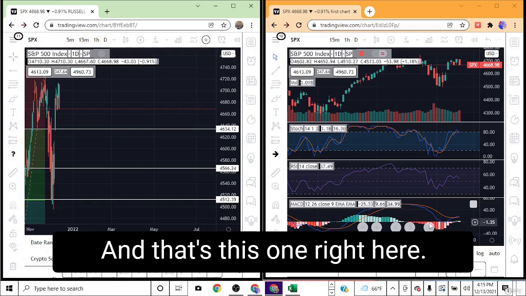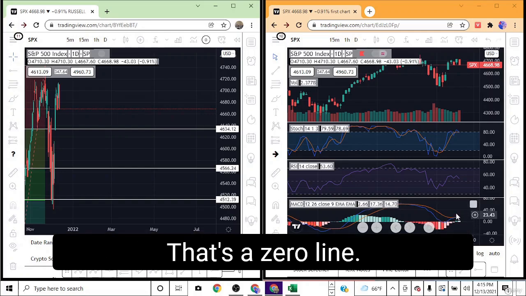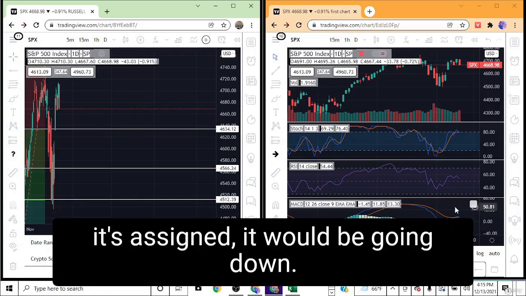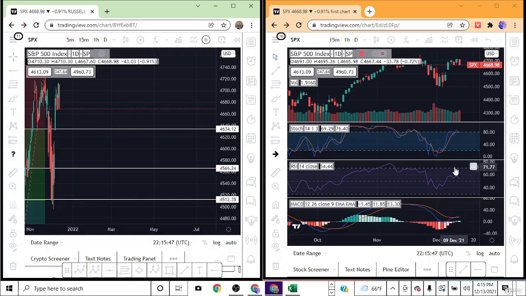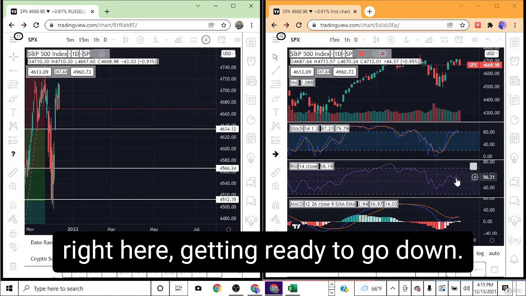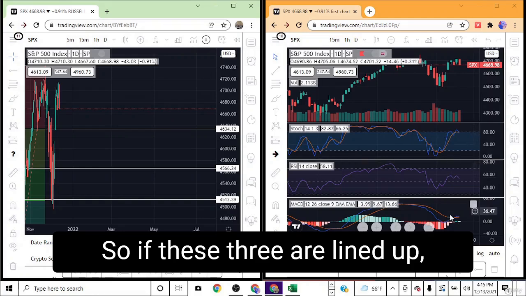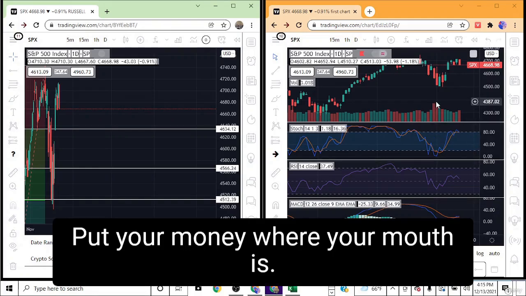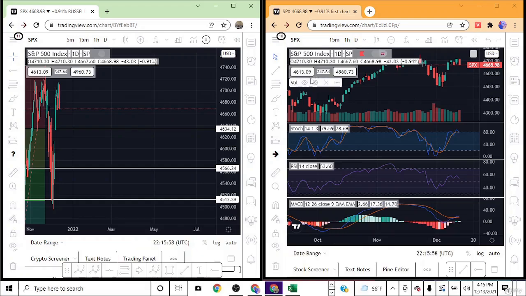It's still above here. But if it was below here, heading down, it's a sign it would be going down. But this right here needs to be right here, getting ready to go down. So if these three are lining up, it's almost like it's a go. Put your money where your mouth is. Get that money.